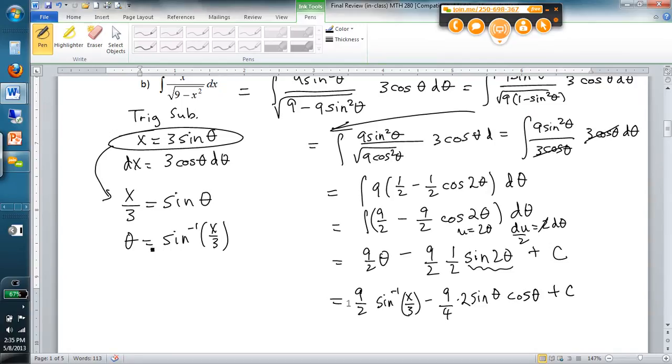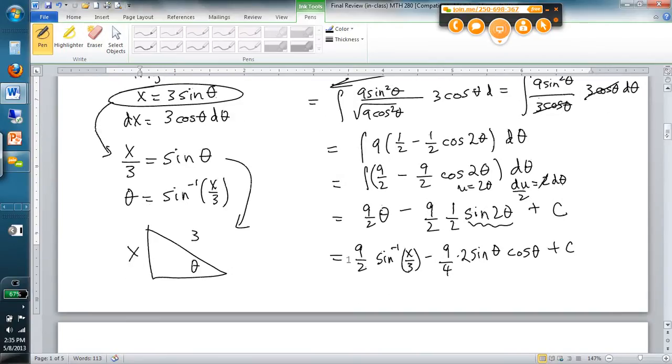If this is theta, wouldn't this be x and that be 3? Well, sine of theta is just x over 3. But cosine of theta is adjacent over hypotenuse. What's my adjacent here? A little Pythagorean theorem. Wouldn't it be the square root of 9 minus x squared?